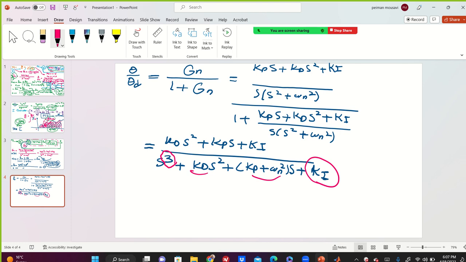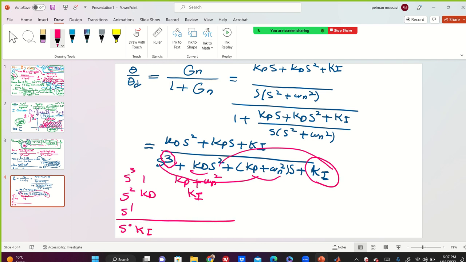So if you want to have a good design, you have to go to the Routh stability criteria. S cubed, S squared, S1, S0. This: 1, KP plus omega n squared, KD, KI, this is KI. It's going to be KD multiplied by KP plus omega n squared minus KI, divided by KD.